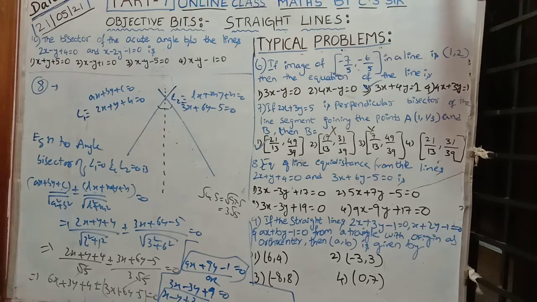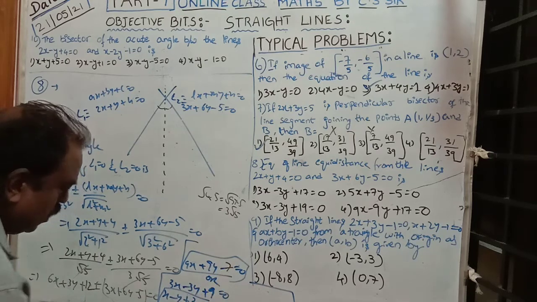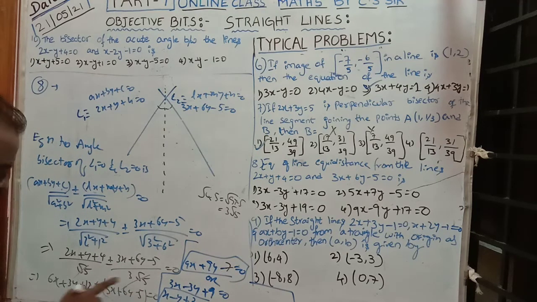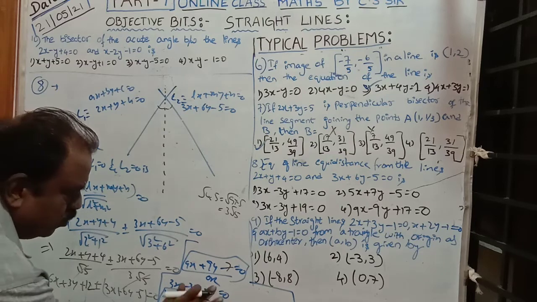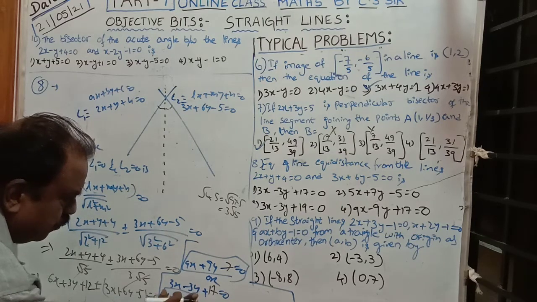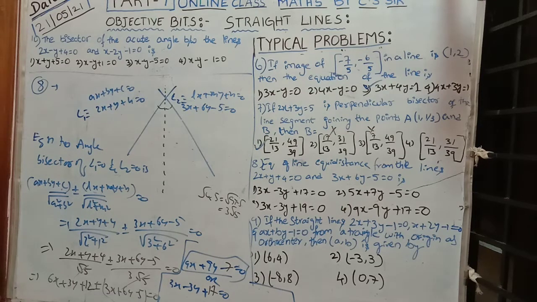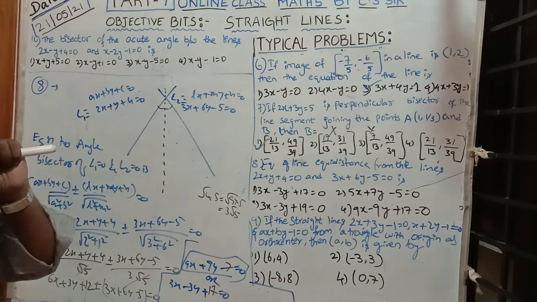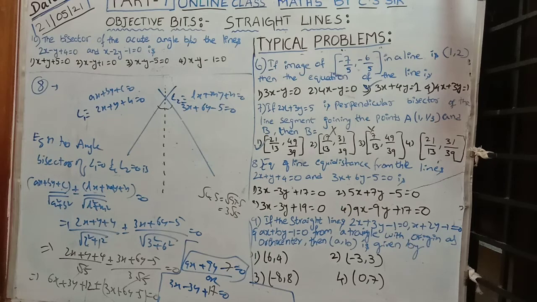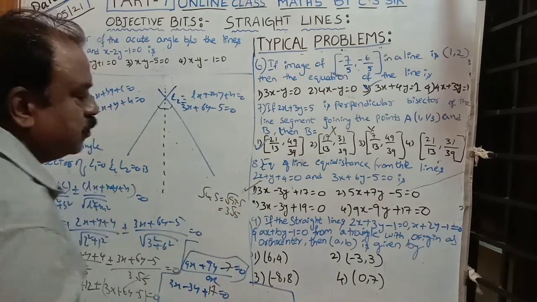It is 3 into 4, so 12. 12 minus 5 may be 7, and 12 minus of minus 5 is 17. Now it will come. Now you see there, it is 3x minus 3y plus 12 plus 17. The first one is there.